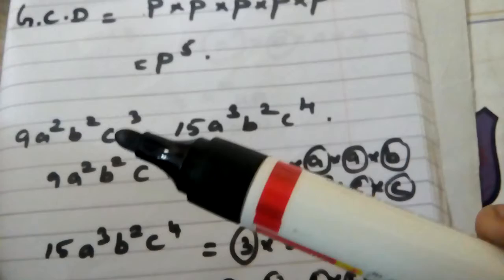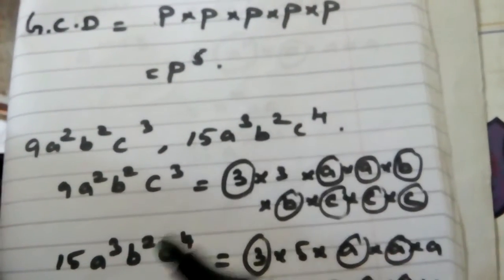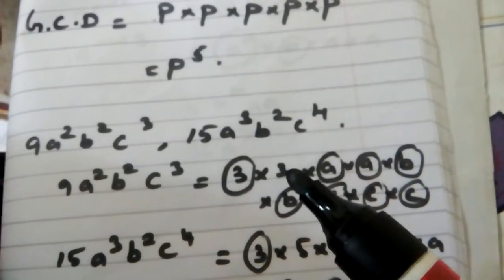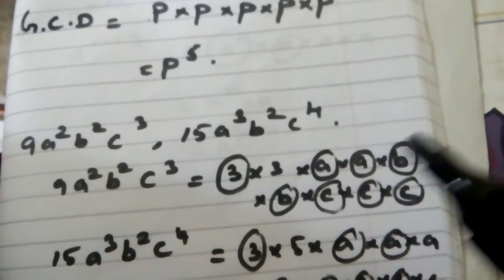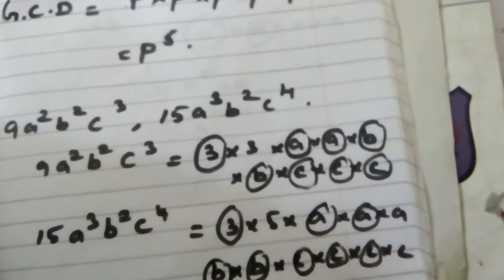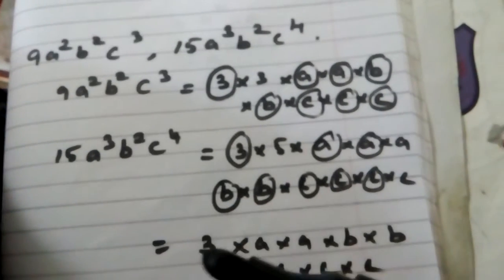See, it is given 9a squared b squared c cube and 15a cube b squared c to the power 4. I have written the factors for this. 9 means 3 into 3. Then a squared is a into a, b squared is b into b, c cube is c, c, c. Again the same for the other. Then what are the common things in this? 3 is common, so take one 3.